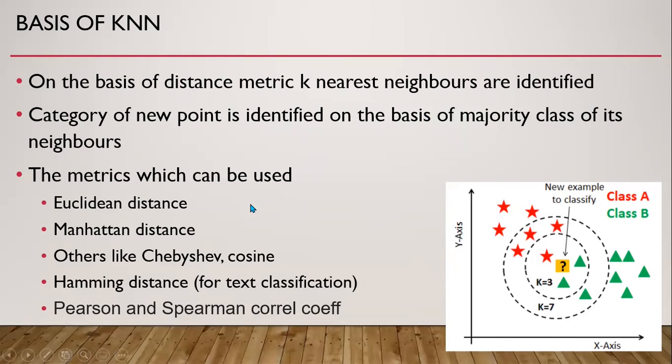The metrics which can be used include distance metrics like Euclidean distance or Manhattan distance. There may be other metrics like Hamming distance for text classification or Pearson and Spearman correlation coefficient. These are other metrics which can be used to identify the nearest neighbors.